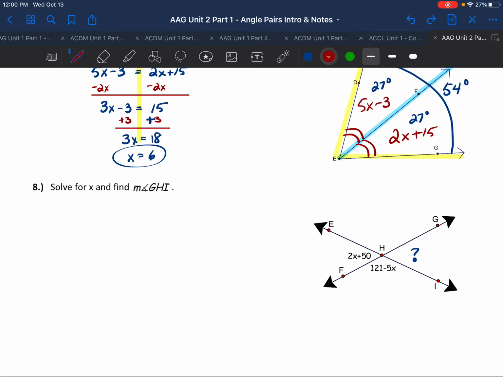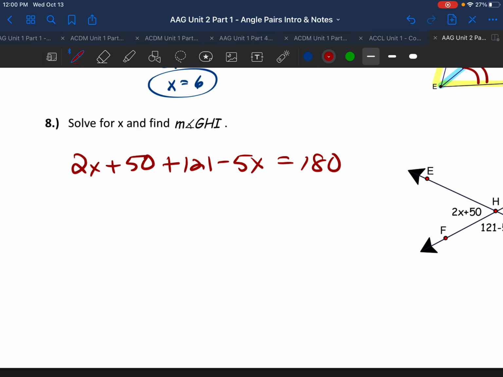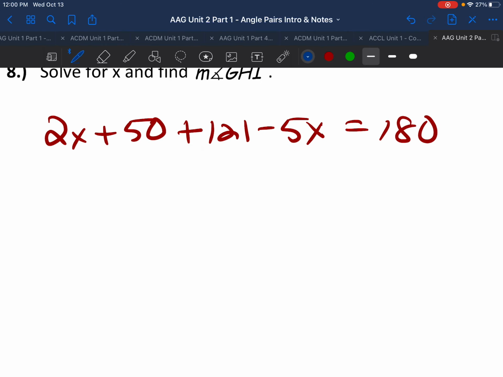So my equation will look like this: 2x plus 50 plus 121 minus 5x equals 180. Just to make sure this is clear, here's the first part plus the second part equals 180. All right, let's do it. Again, my equal sign.